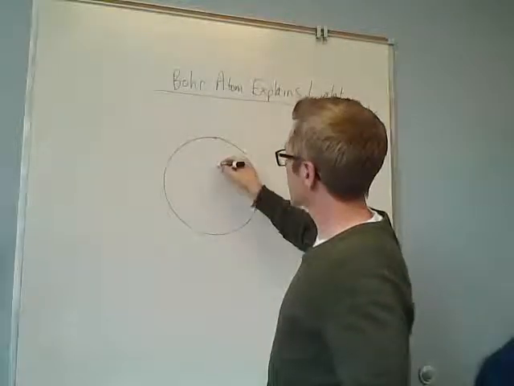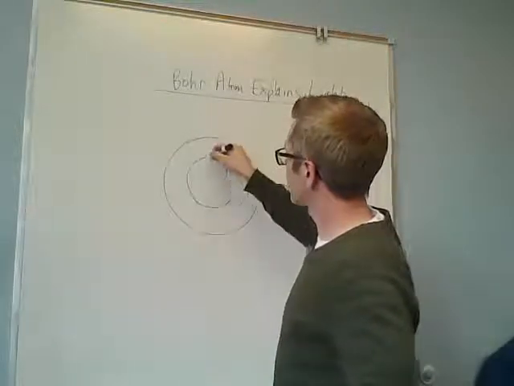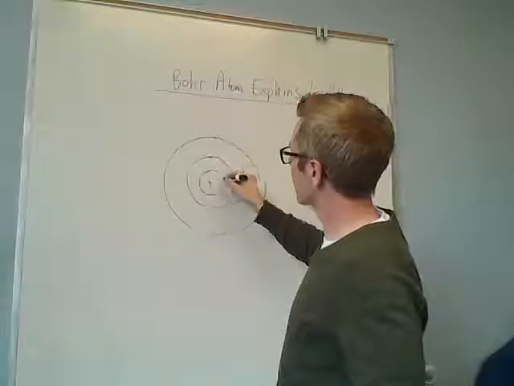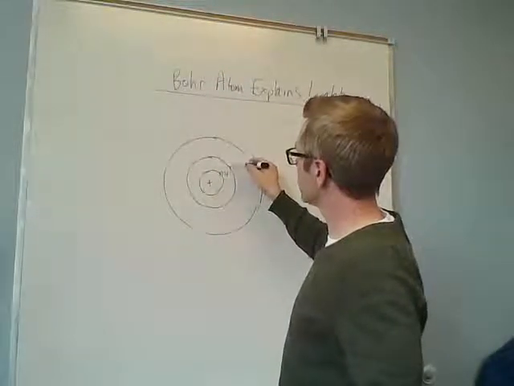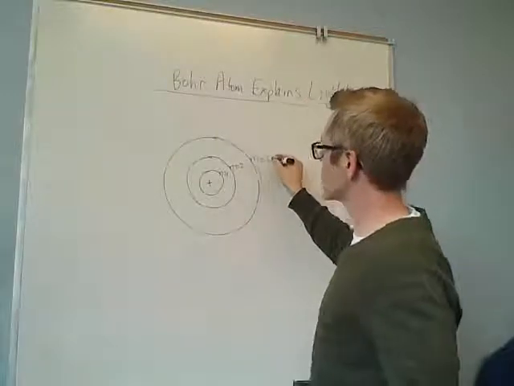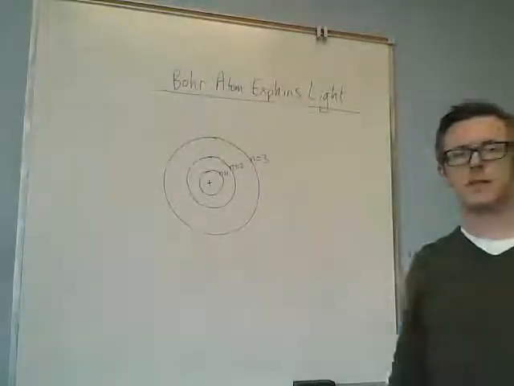Let's just look at a couple of orbits. Let's call this one n equals 1, this one n equals 2, and this one n equals 3. Let's just look at 3 orbits.